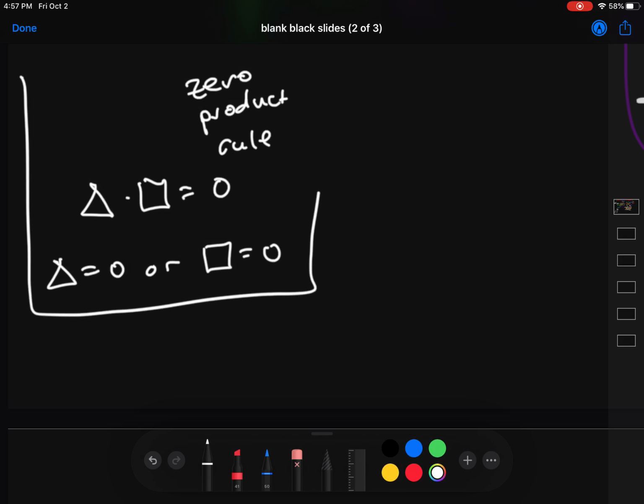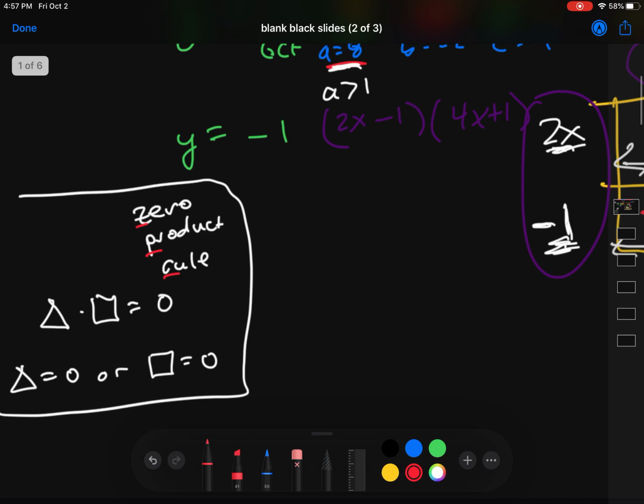Okay, so that's my mini lesson on the zero product rule. I call it the ZPR. So here we're going to apply the zero product rule by setting each of these equal to 0. Let's do that. -1 equals 0. 2x minus 1 equals 0. 4x plus 1 equals 0.